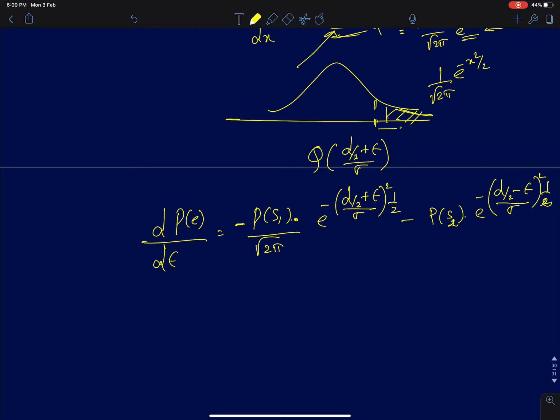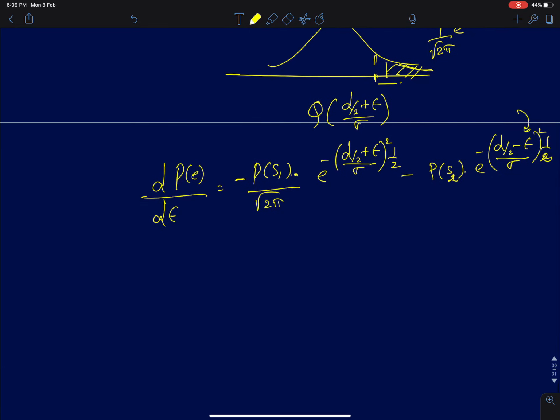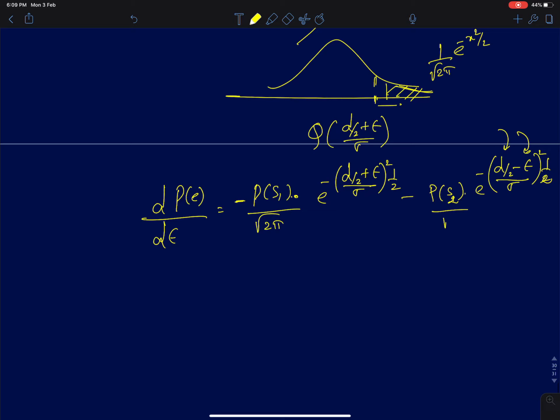But now you have to keep in mind that epsilon is subtracted from d. So if I increase epsilon, d by 2 minus epsilon will reduce, so in this case the value should actually increase; the slope should be positive. That's why we again get 1 by root 2 pi. You can also solve this using the chain rule of differentiation, but this will be plus here, because one more minus cancels the earlier one.